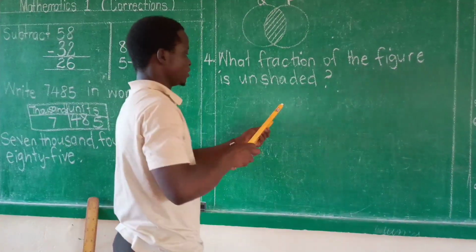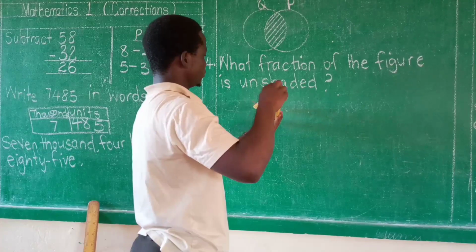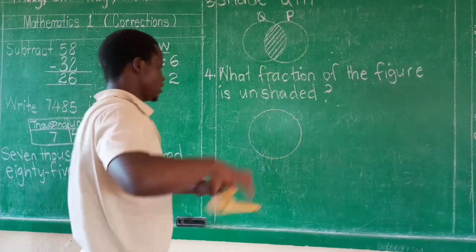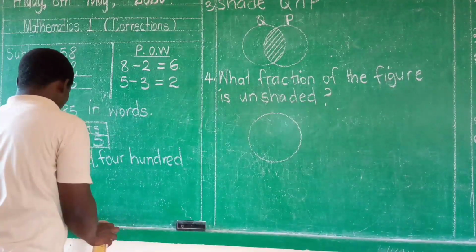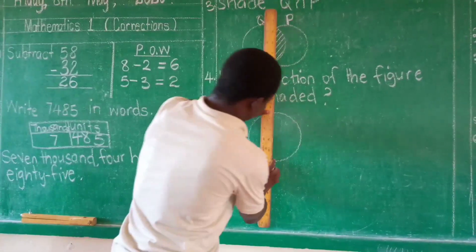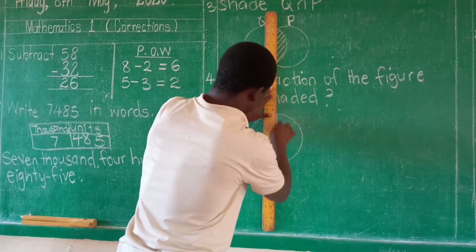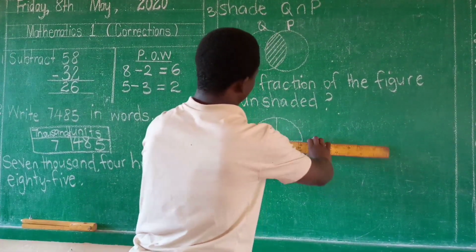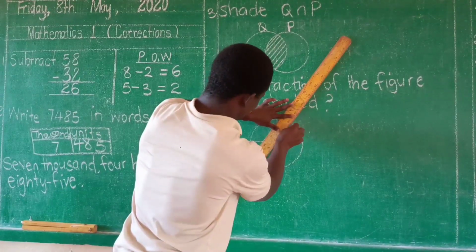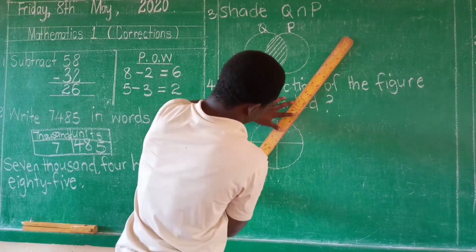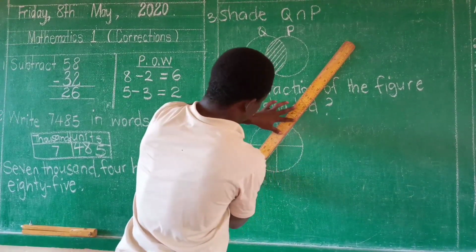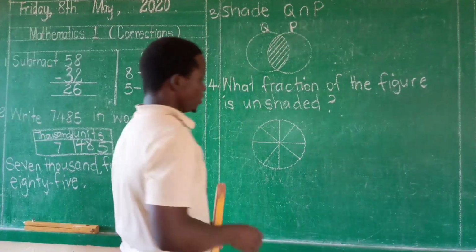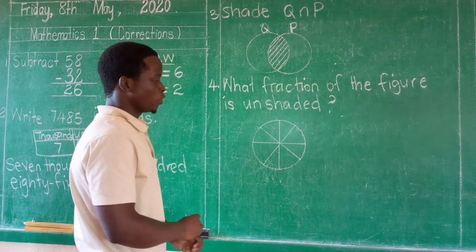And the figure was like this. This is the figure you got in the question paper. It was a circle divided into 8 equal parts.